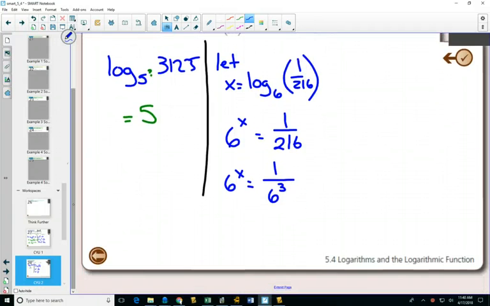Using your exponent laws, 1 over 6 to the 3 is the same as 6 to the negative 3. And now that you've got the bases the same, we can say that x would have to be negative 3.